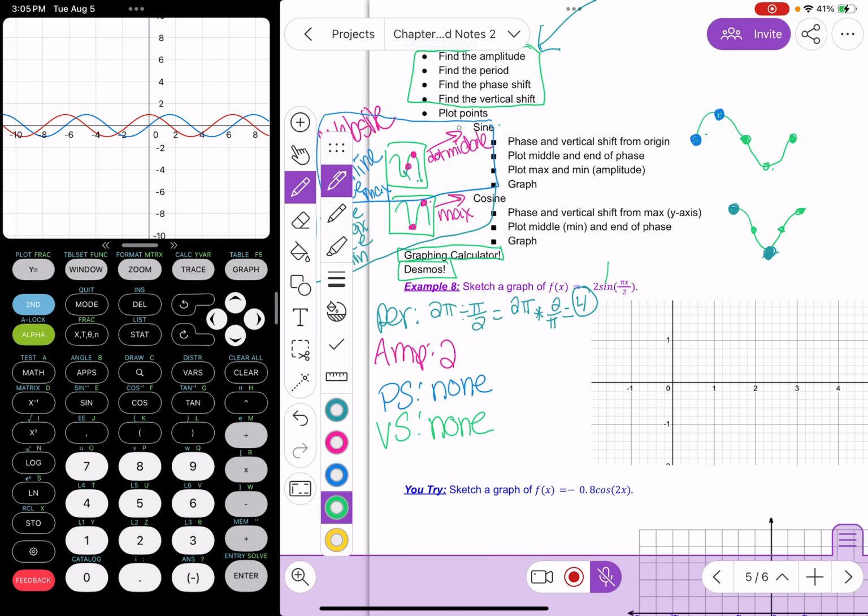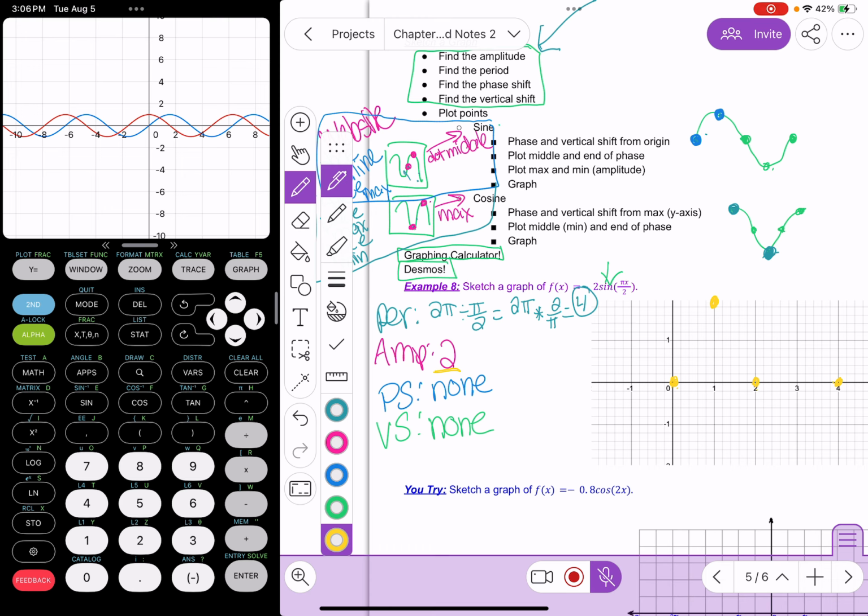So it's a sine graph, so I start on the origin. My period is 4, so that means I would end at 4. So my middle is at 2. If my amplitude is 2, in between those first two yellow dots, my max is 2.